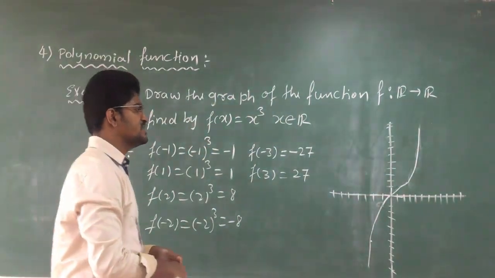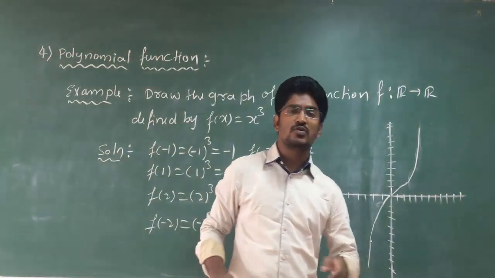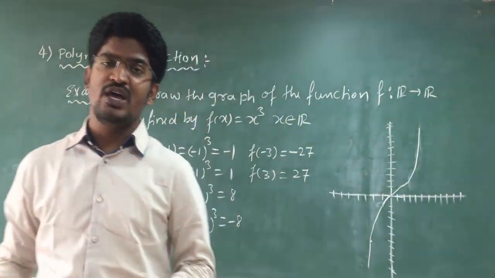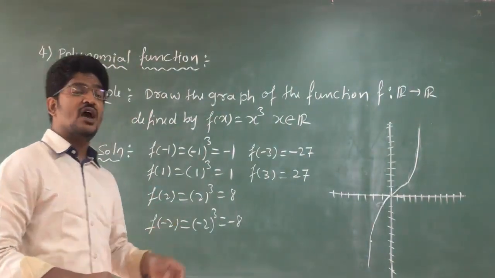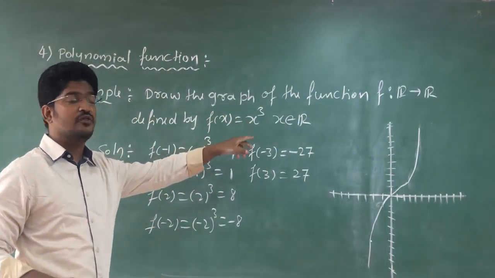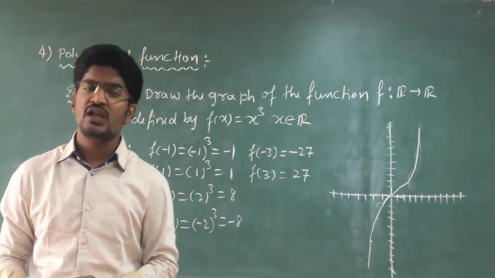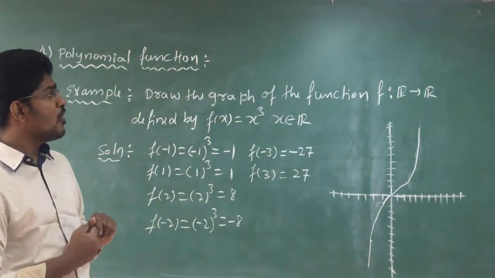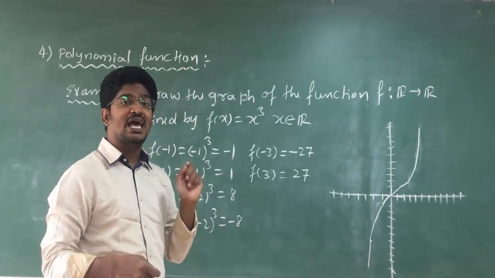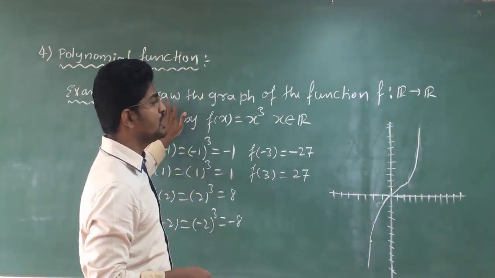You can see this particular graph in the textbook also, so the nature of the graph will be very clear. But if they ask you to draw this graph, you take these small examples and you can draw the graph.